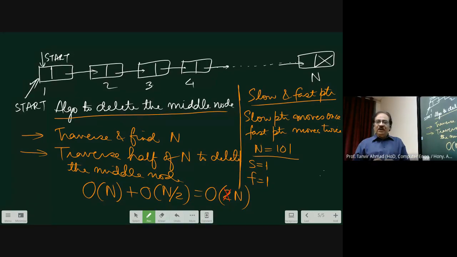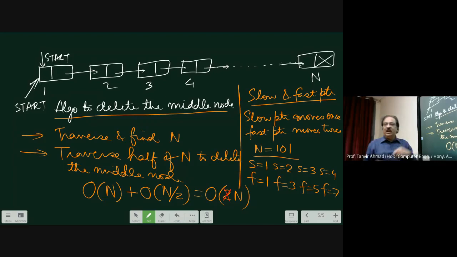Then in the second step F will become 3, S will become 2. In the third step, S will become 3, F will become 5. Similarly, S will become 4, F will become 7.